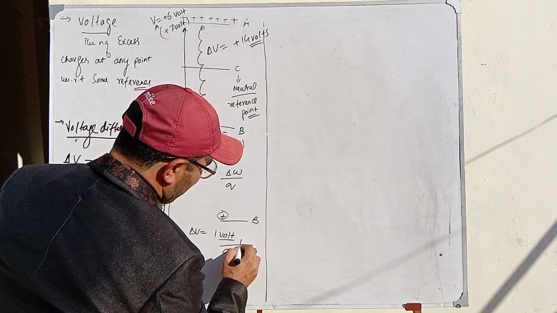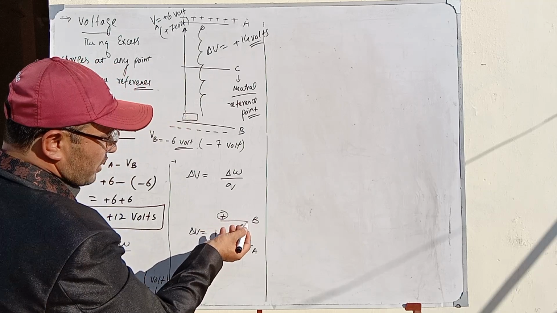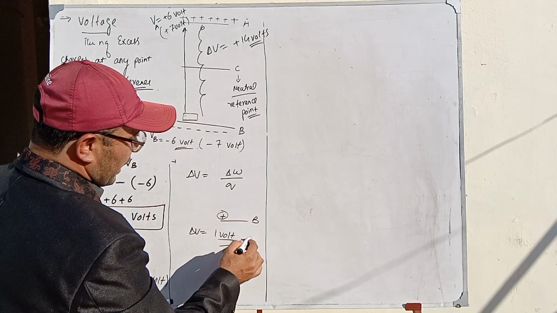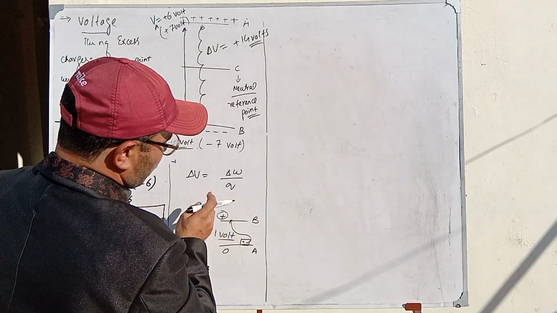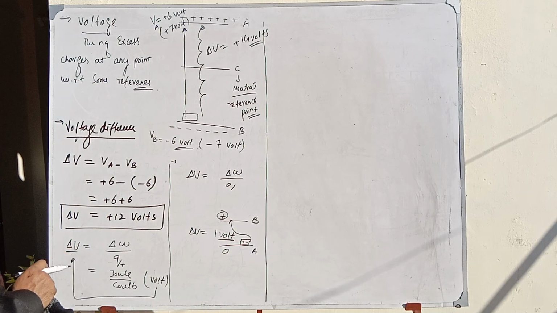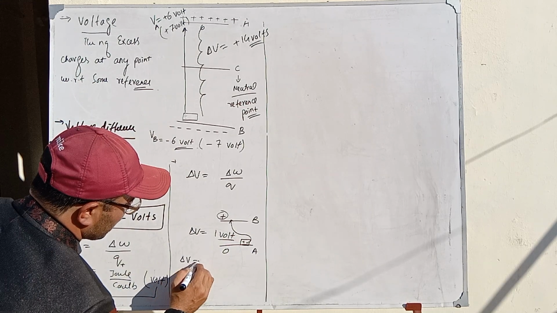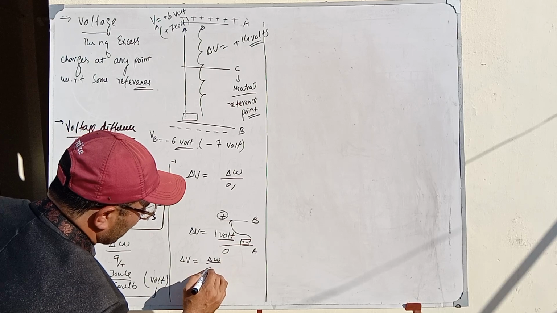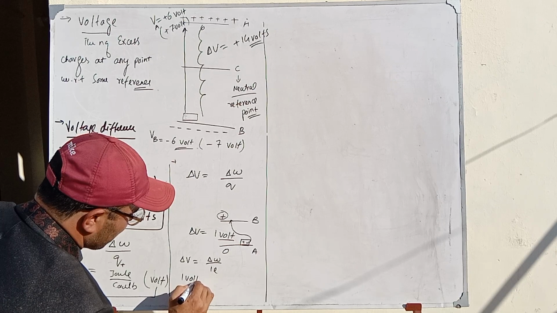Neutral means an equal number of electrons and protons, positive charges. But if I break a crystal, and for neutralization of point B, I move an electron from point A to point B, how much work will be required? This work is delta V equals delta W by 1 electron, and the potential difference is 1 volt.